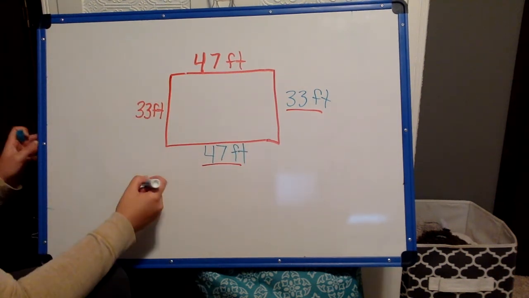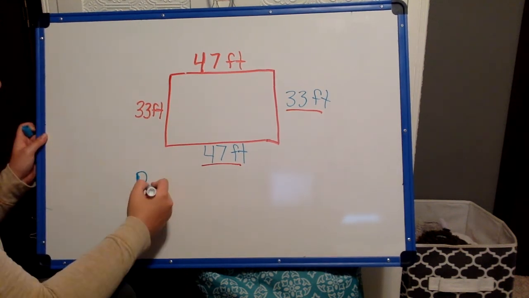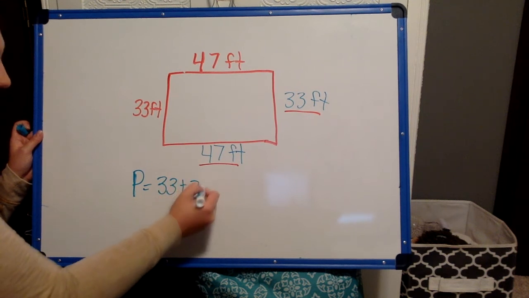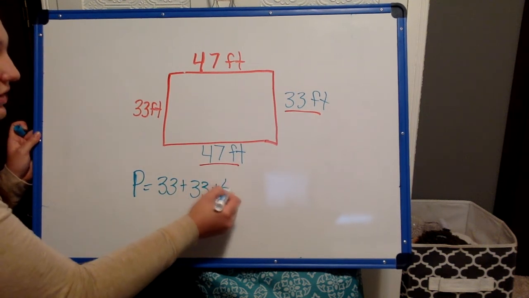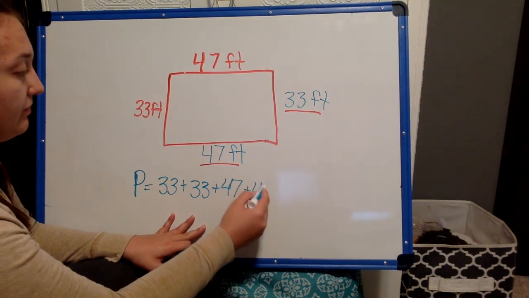Now we want to find perimeter. Again, you could say perimeter equals 33 plus 33 plus 47 plus 47.